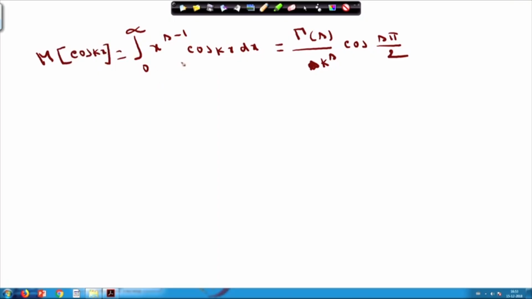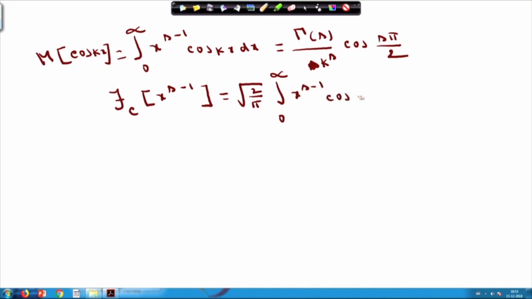Integral 0 to infinity x to the power s minus 1 cos kx dx, and the Fourier cosine transform of x to the power s minus 1. What is this? From the definition of the Fourier cosine transform, we can write the Fourier cosine transform of x to the power s minus 1 equals root over 2 by pi integral 0 to infinity x to the power s minus 1 cos kx dx.